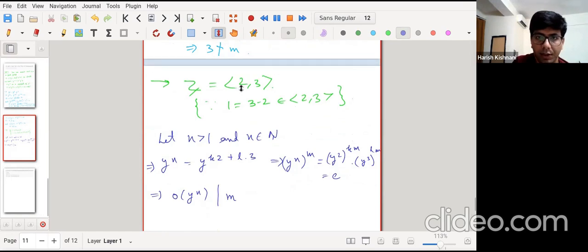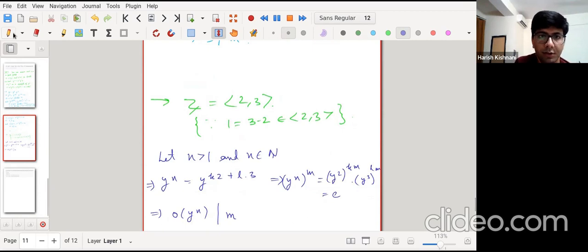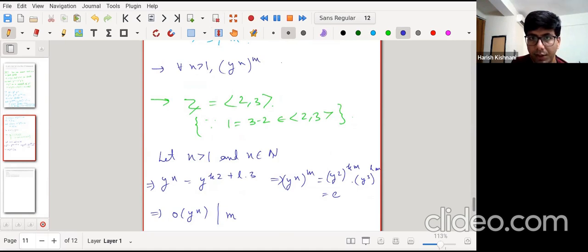I was connecting this generating set, and all these things you don't need. For all n greater than 1, y^n raised to m is identity, implies order of y^n divides m.